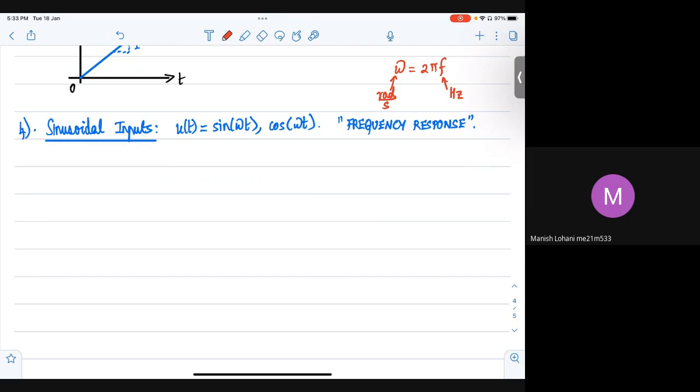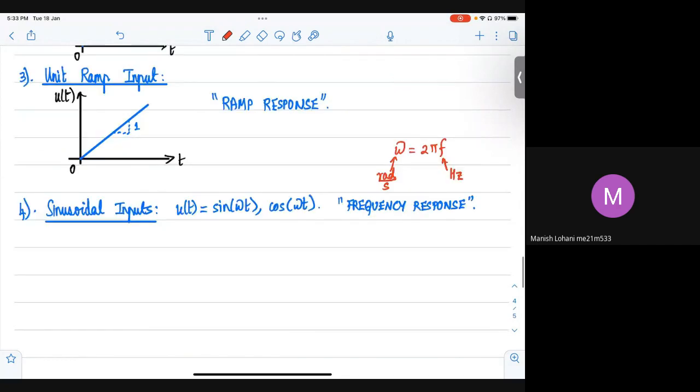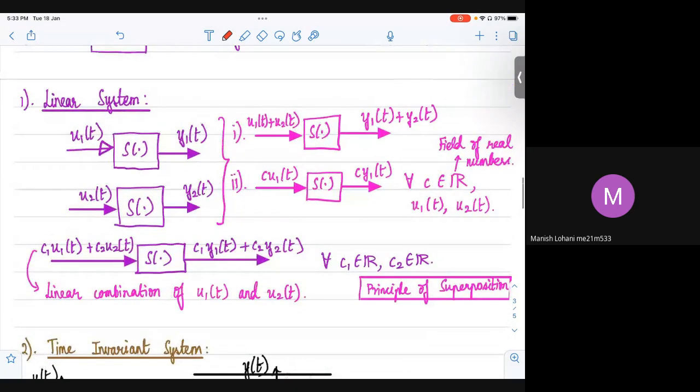It so happens that many times we make this assumption of linearity. And as we just saw, when we have a linear system, the superposition principle holds. So you give any arbitrary inputs, you find the corresponding individual outputs. You give now a new input, which is a linear combination of these arbitrary inputs. The corresponding output can be easily found as the same linear combination of the individual outputs.